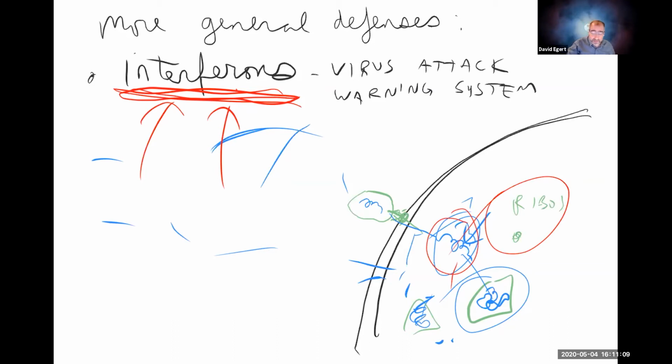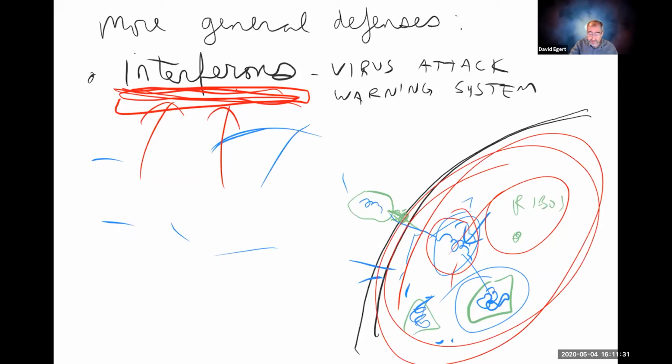So that's the basic idea of interferons. They tell cells that one of their neighbors is under attack and that they should save yourself. It's too late for me, but save yourself. That's the basic idea of interferons. When a cell is under attack by viruses, it releases these. This is detected by neighboring cells, and they will take steps to make themselves less vulnerable to viral attack.